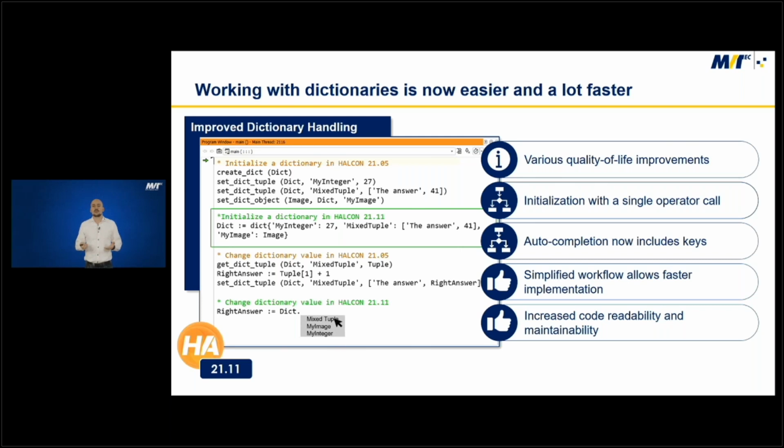So you just select the one you need, and you can manipulate these values. The main goal here was to have a simplified workflow which allows faster implementation and of course increases code readability, as you can have much more compact code and do not need to have these long set dict, get dict, set dict, get dict calls.